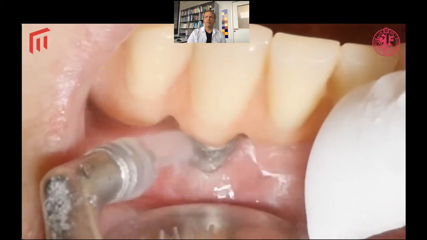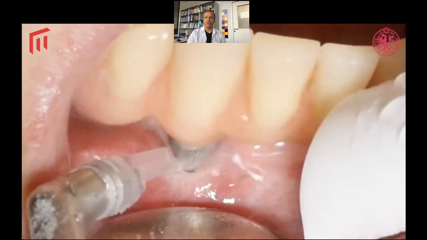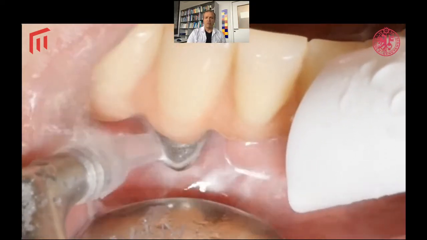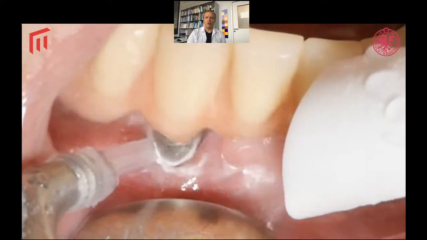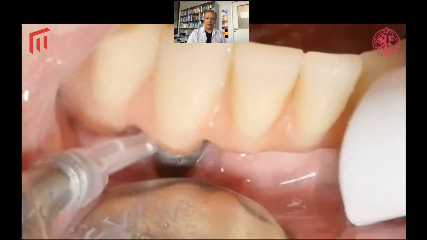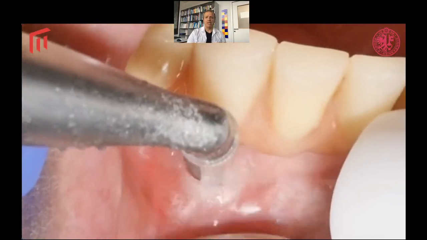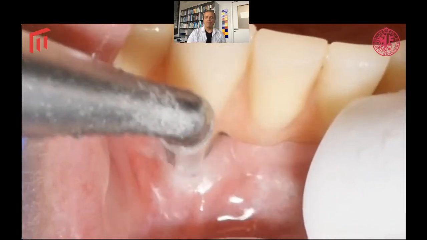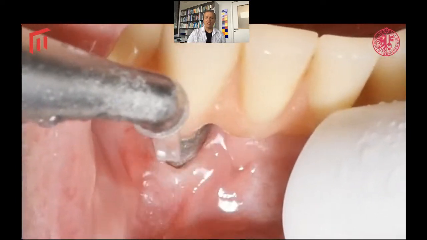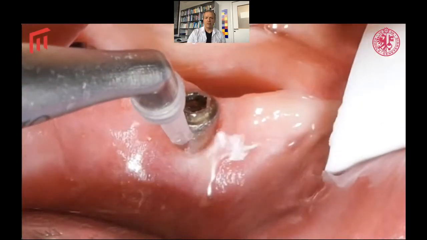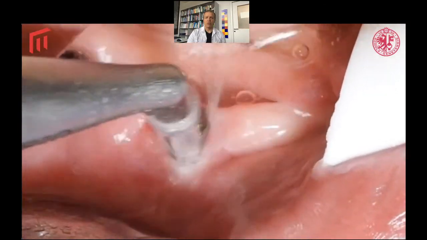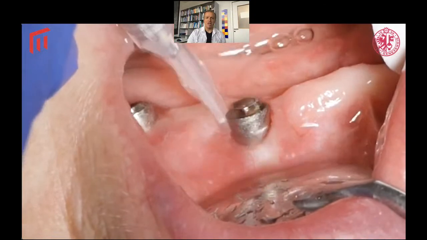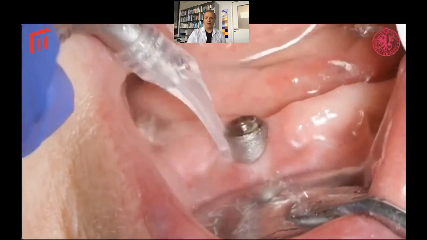There have been some concerns that these devices may cause emphysema. Of course, they can cause emphysema if they are not used properly, or if we do not really think about what we do. So in cases where you have deep defects on the lingual aspect of the implants, of course you have to take care that you do not push the air in the sublingual area.